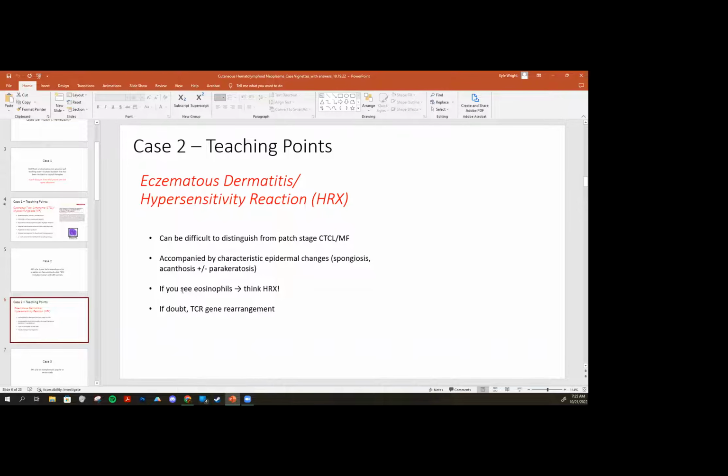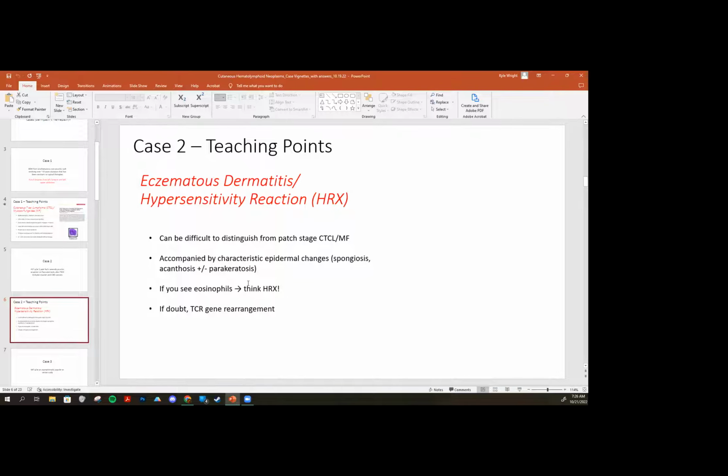And then also, if you do see eosinophils in here, you should be thinking hypersensitivity reaction. Not that eosinophils aren't seen in CTCLs, of course they can. Nothing is absolute in medicine, biology, or certainly pathology. But eosinophils are also associated with systemic T cell lymphomas. But for whatever reason, CTCL or mycosis fungoides typically does not have a lot of eosinophils in the infiltrate.